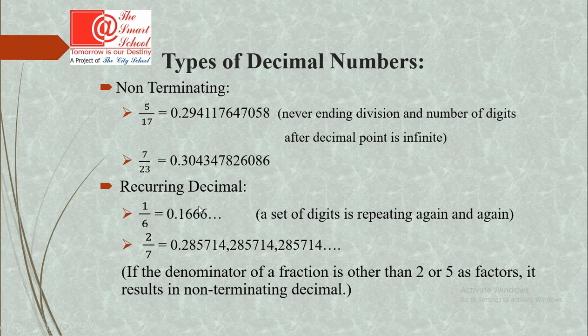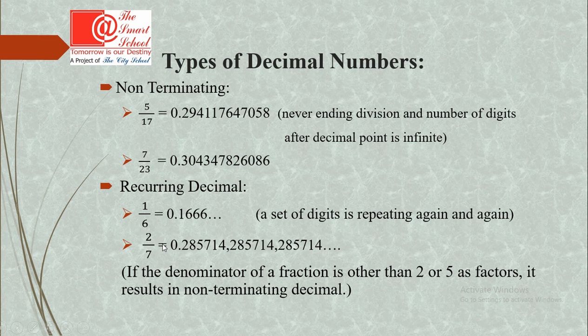There is another type of non-terminating decimal which is called a recurring decimal. This also never ends, but one number repeats again and again, or a set of numbers repeats again and again. Like here, 0.16666 and always 6 will come. It never ends when we divide 1 by 6.